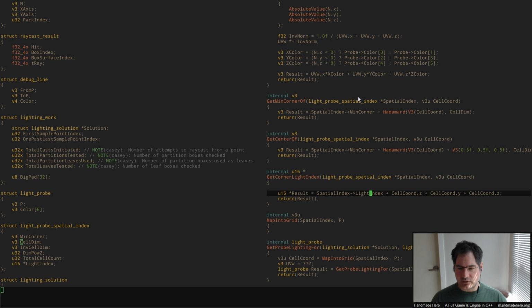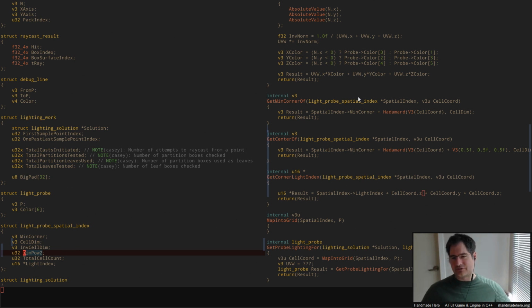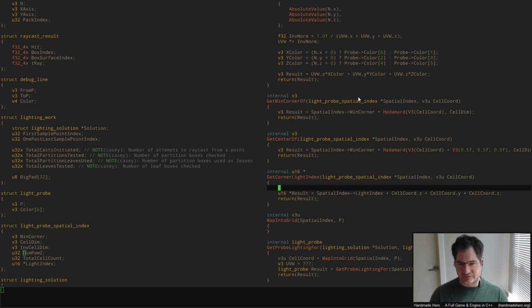And so to look at how these would get added in there, I intentionally said there's a dim power of 2 here, which means the light probe spatial index is not going to be allowed to be an arbitrary number. You always have to have the sides be a power of 2. And the reason I want to do that is because it just makes indexing easier. It means that instead of having to do any of this stuff, we can literally just build a composite index value, something like this.